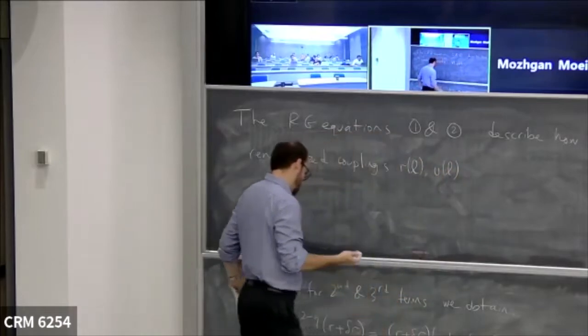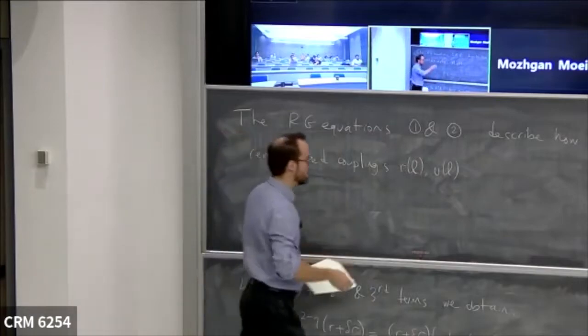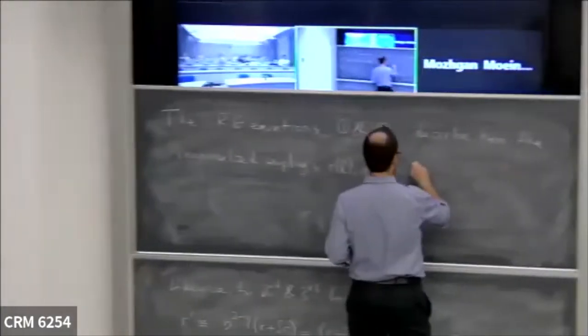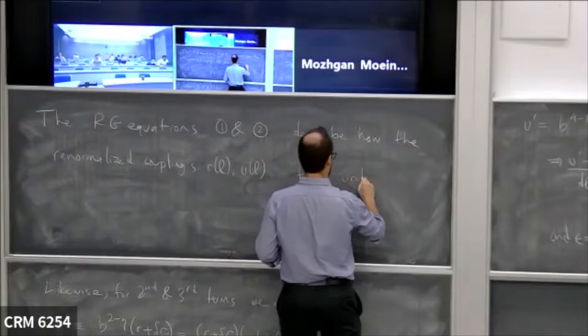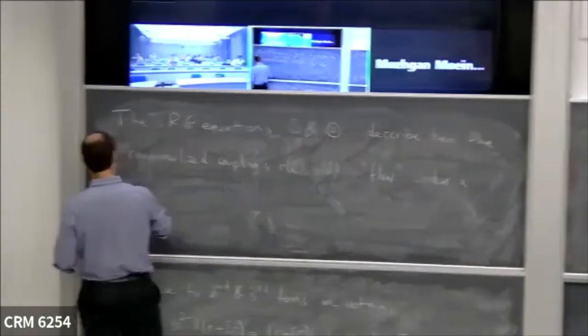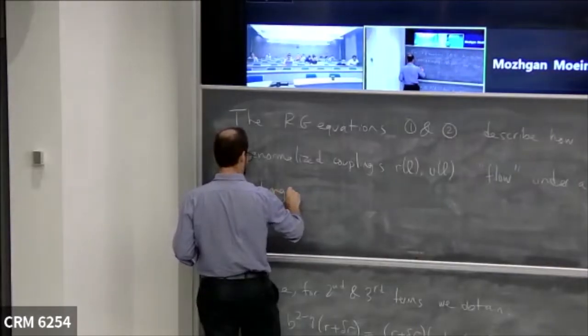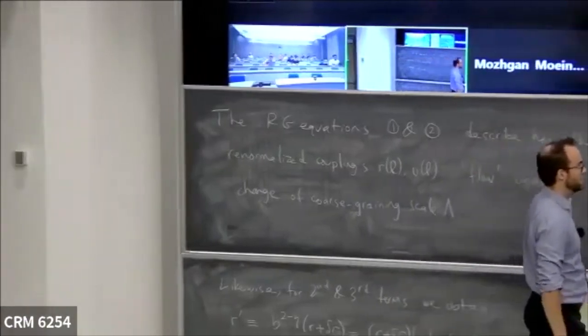Now I think of this not just as some infinitesimal, but as a continuous variable that is increasing as we go towards the infrared. So we look at how these couplings flow under a change of coarse-graining scale. All right, so this describes the flow of these couplings.